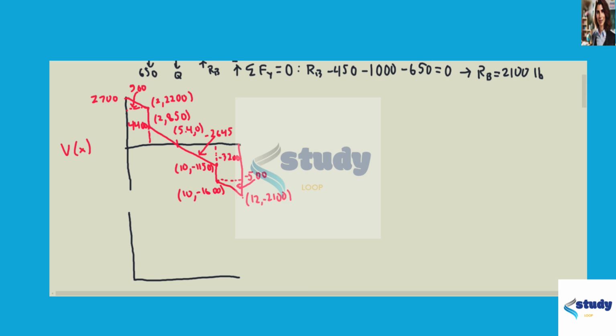All right, now we can use these areas to draw our bending moment diagram. So what we'll have is a parabola with some changes in slope.